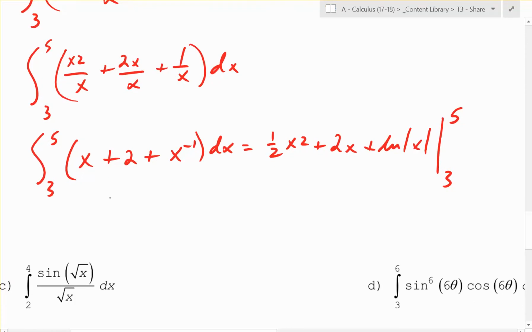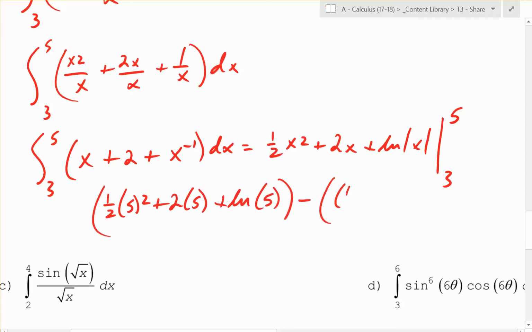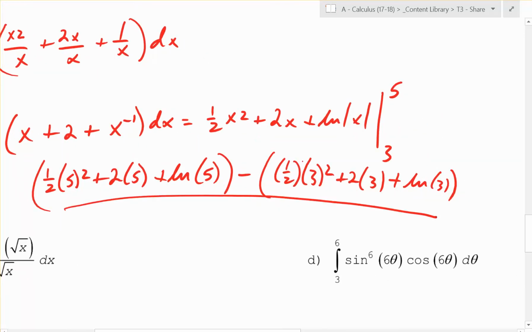So you plug in 5 and you get 1/2 times 5 squared plus 2 times 5 plus ln of 5. And then what do you subtract? Well, 1/2 of 3 squared plus 2 times 3 plus ln of 3. And you can simplify that a little bit, but that would be the final answer right there.